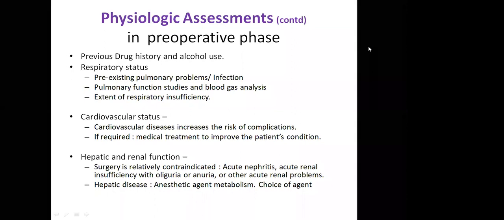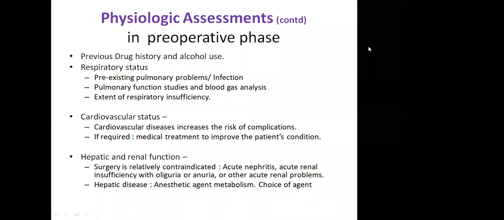So we were on the part of taking drug history and alcohol use. We should know the respiratory status, pre-existing disease, and the respiratory reserve of the patient. Cardiovascular status, because cardiovascular diseases increase the risk of complications.